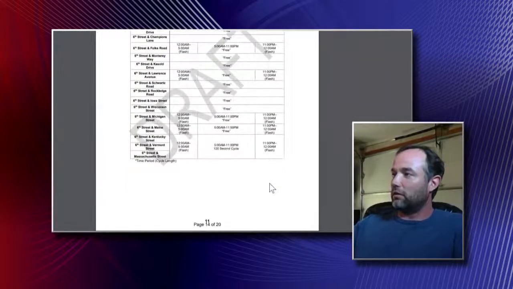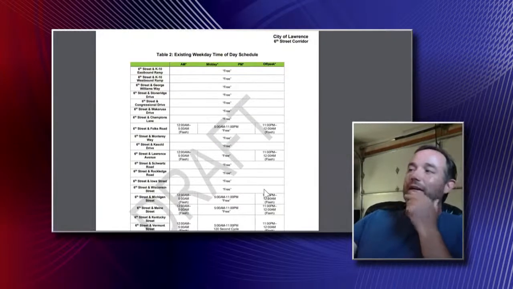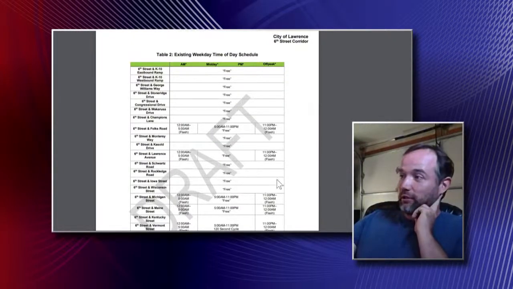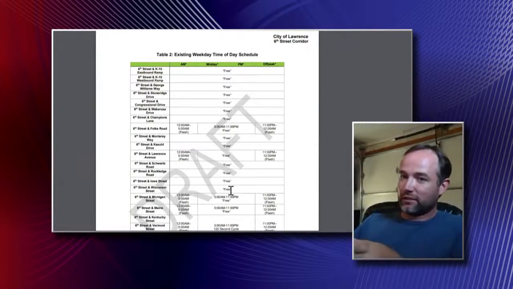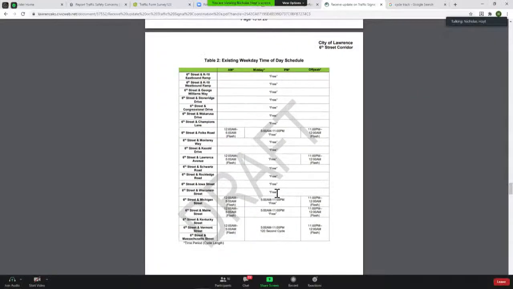This right here is what the traffic signals were programmed to do before we started. So free basically means the traffic signals aren't really working in coordination. When someone pulls up on the side street, they give them the green light.